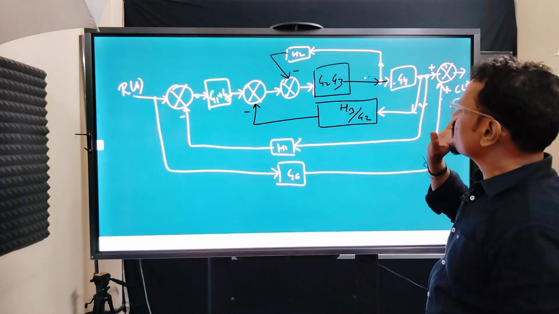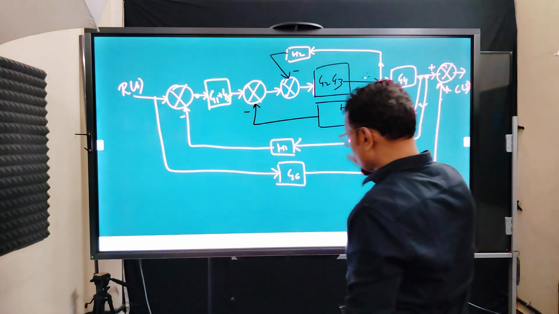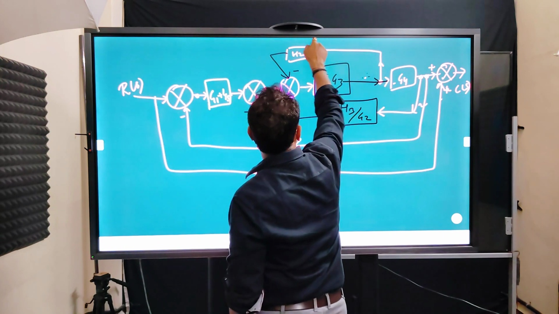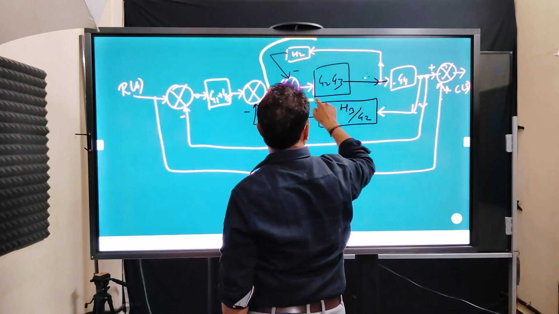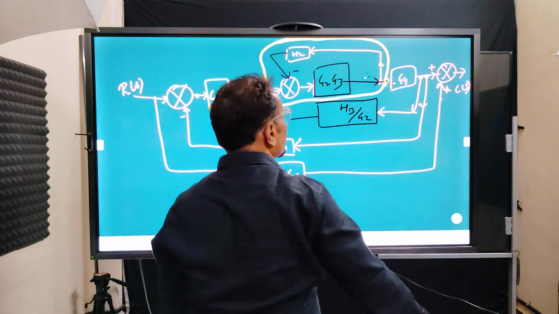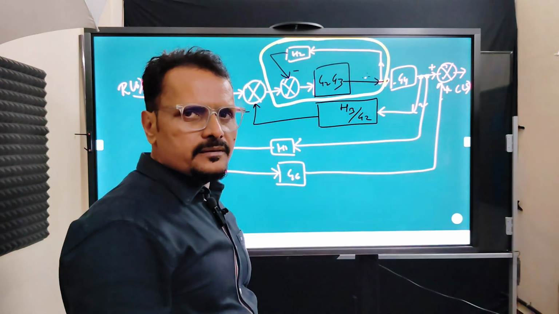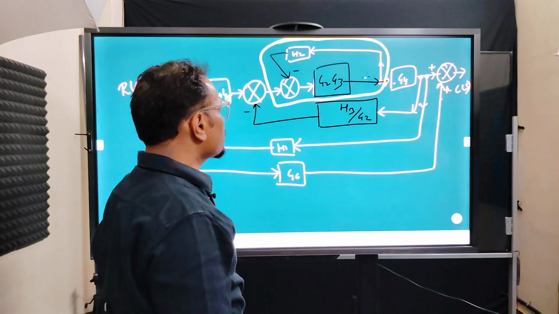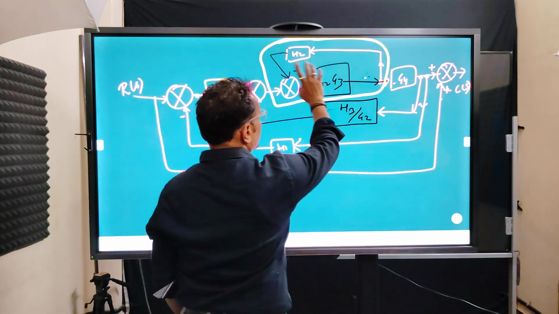Now if you observe, this particular kind of thing is making a feedback loop. This is making a feedback loop. In this case, we are having G2, G3 and H2.